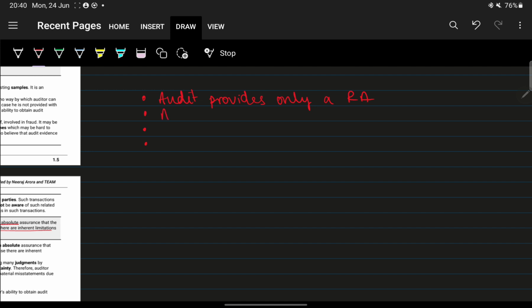And next, audit evidence is only persuasive in nature, persuasive rather than conclusive, right?